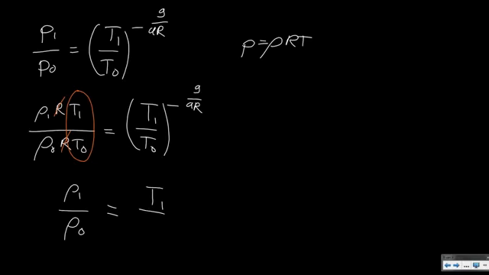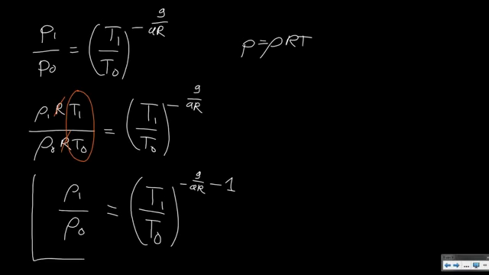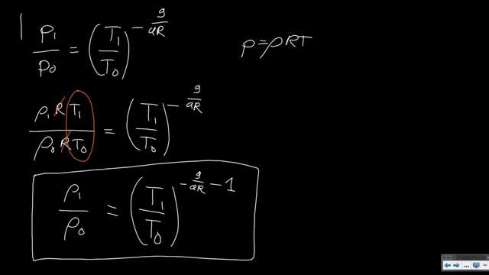But we also have to divide the right side by T1 over T0, which means reducing the power by 1. And this now is our second equation for a layer with the temperature gradient. This is the first one. And these two equations give for large steps the new pressure and new density.